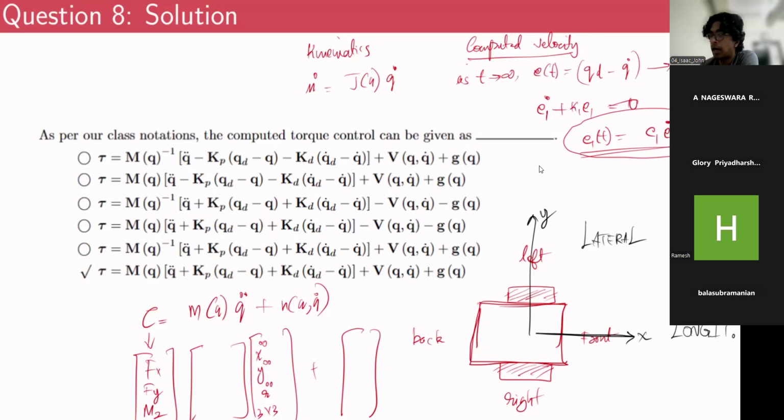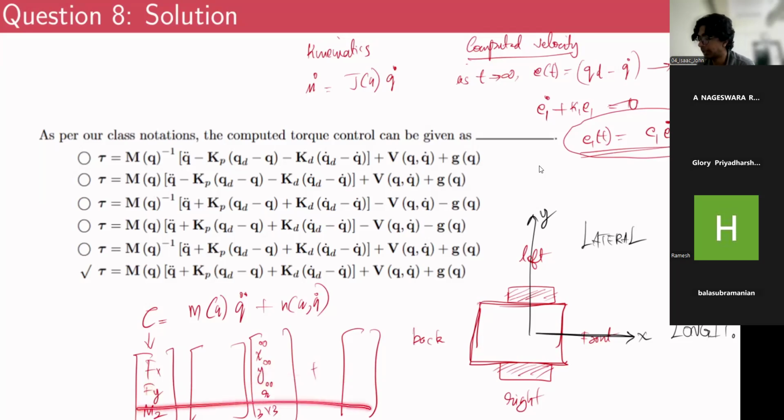So I believe you asked for the forces acting along the longitudinal direction. If you multiply these two matrices, on the right-hand side, the first entry, Fx, would correspond to the forces acting along the longitudinal direction. The term corresponding to Fy would be the forces acting along the lateral direction.